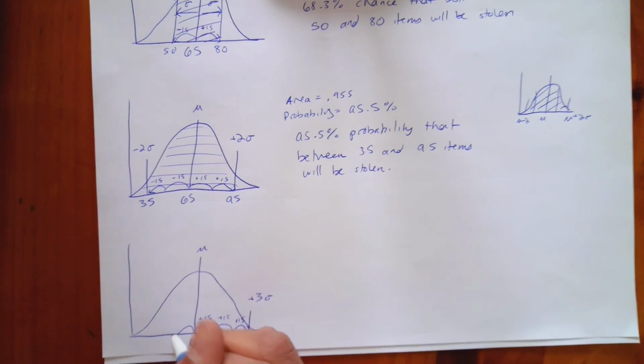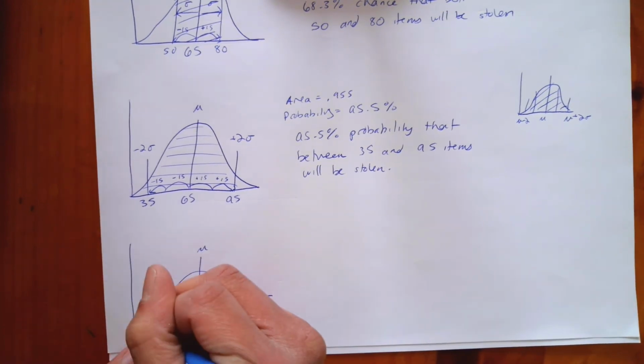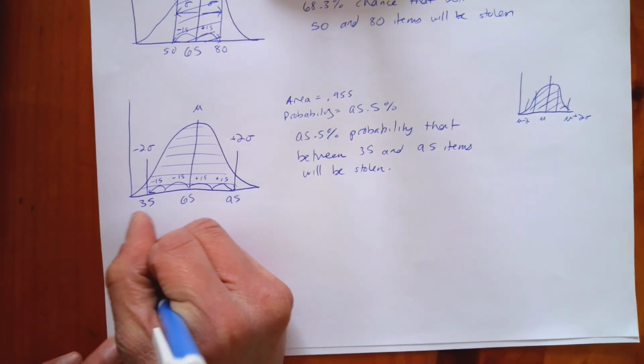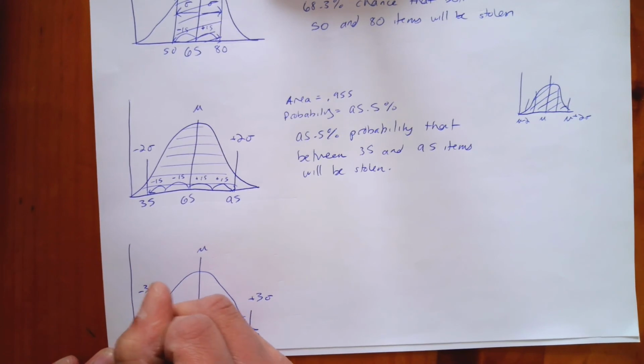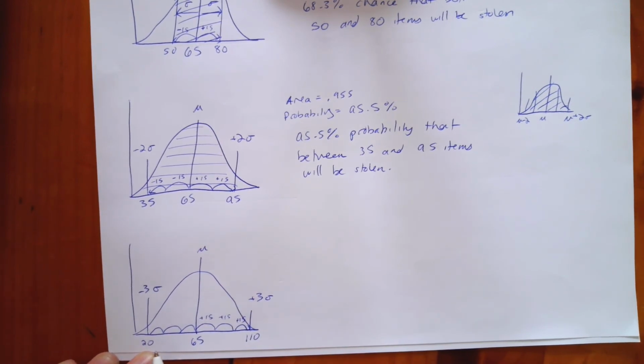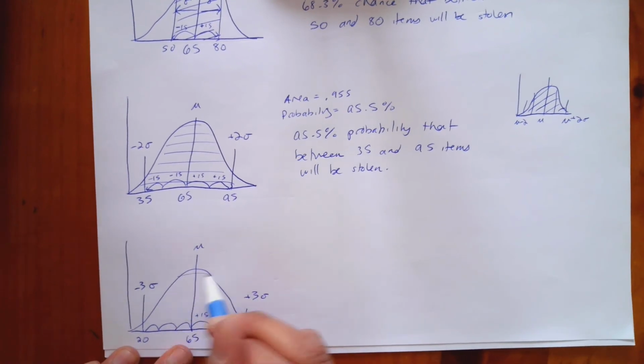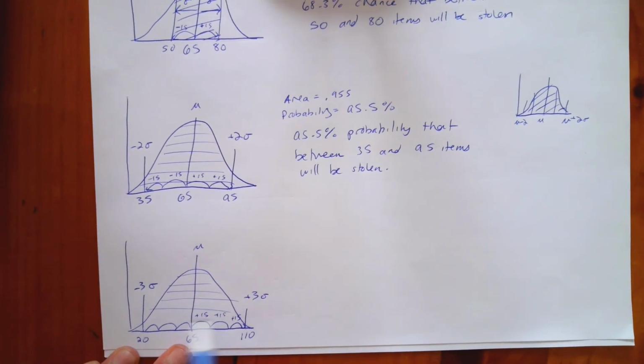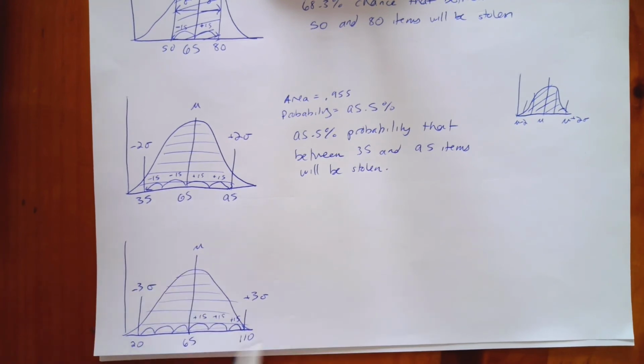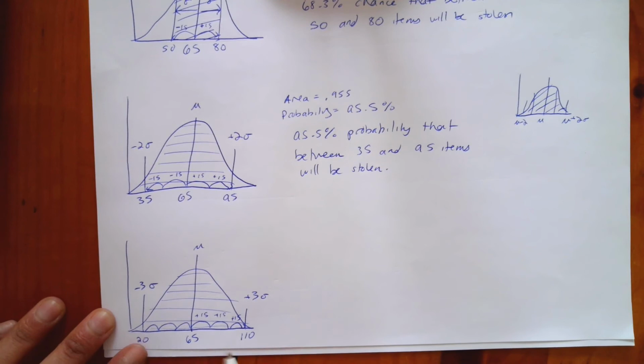And then going out 3 standard deviations to the left here, this brings us to -3 standard deviations, or a value of 20 items. And using the empirical rule, we can find the probability of getting an outcome that's between 20 and 110 items, or in other words, an outcome that's within 3 standard deviations of the mean on either side.